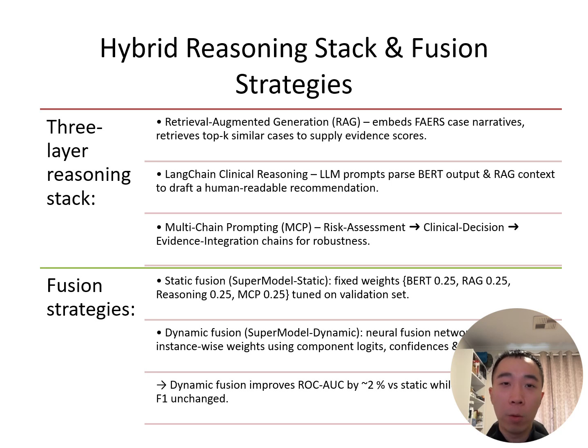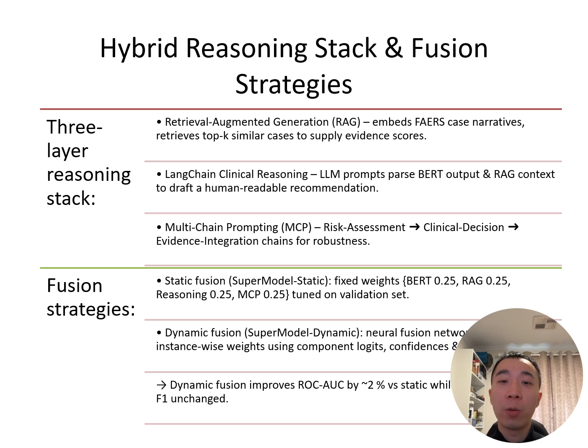Let's recap our model structure. Our final architecture includes 3 layers of reasoning. RAG retrieves similar cases from the FAERS database. LongChain generates human-readable recommendations. MCP executes 3 prompt chains: risk assessment, clinical decision, and evidence integration for robustness.